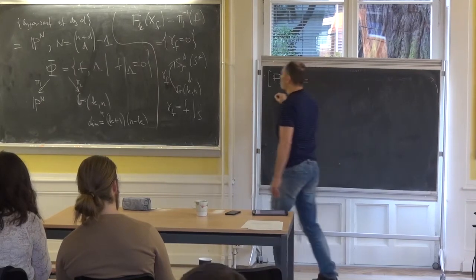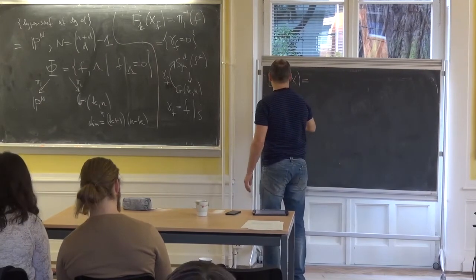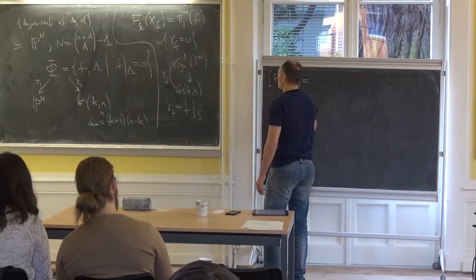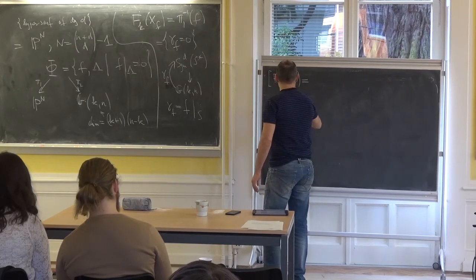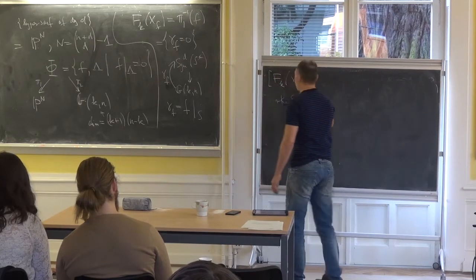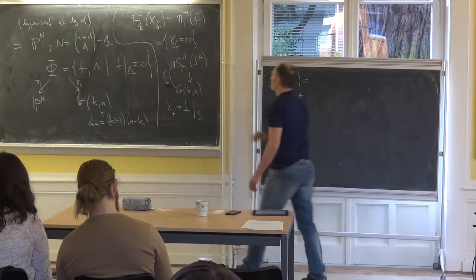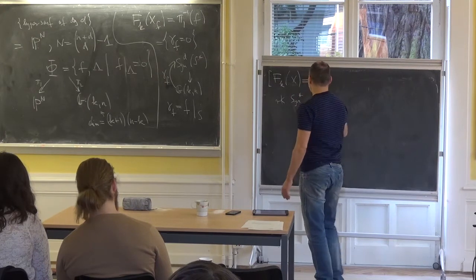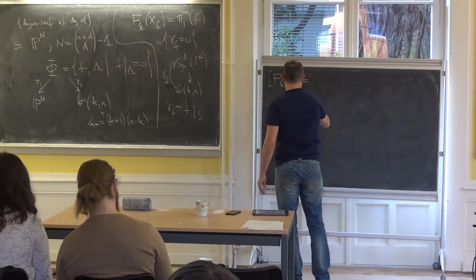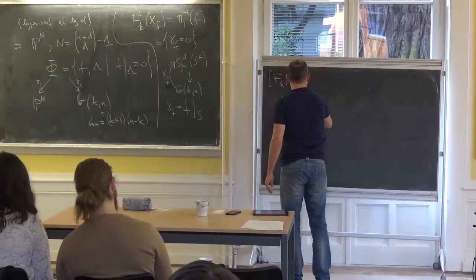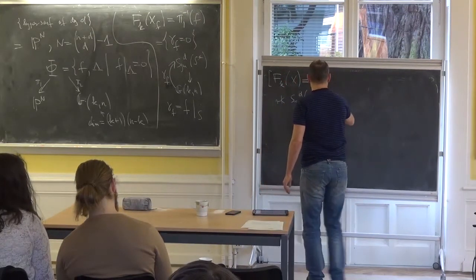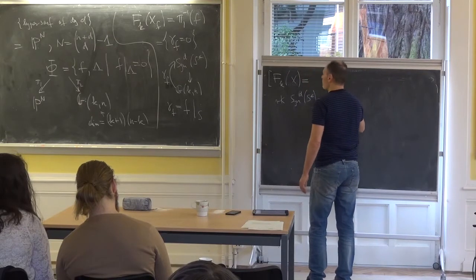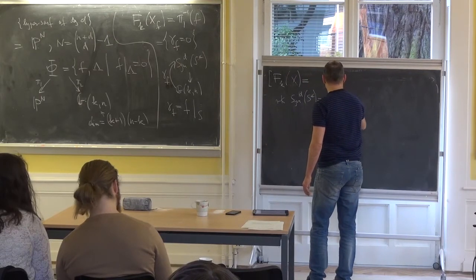So the rank of this Sym^d of S star, the polynomials on S, is a rank as before for N, but now it's for k.